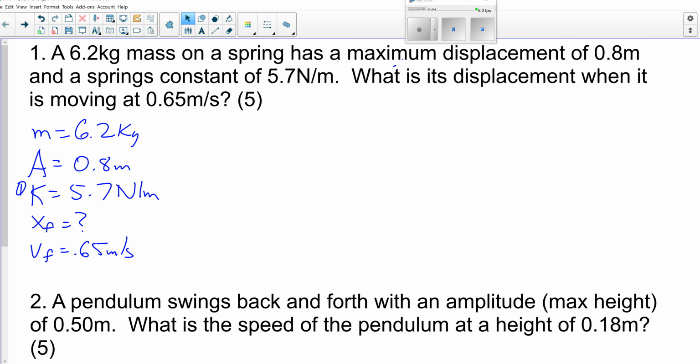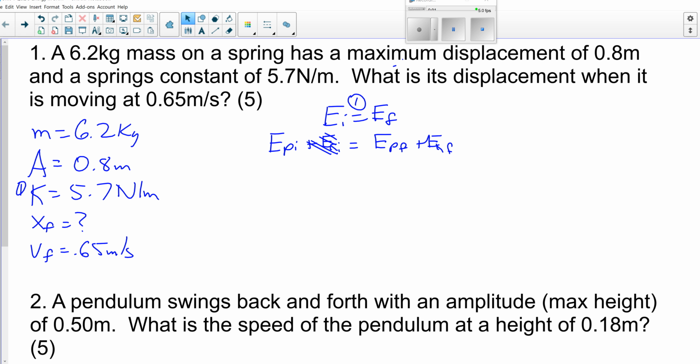So EI equals EF, and that can mean the initial potential plus the initial kinetic equals the final potential plus the final kinetic. It's just that in this first situation there isn't any initial kinetic energy. So if they got something along those lines, give them their second mark.